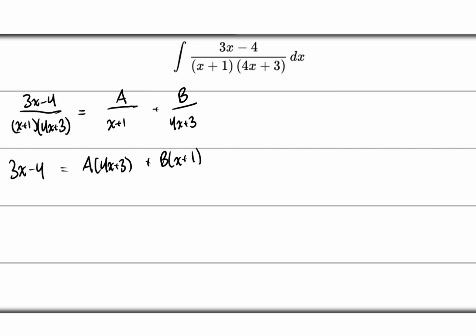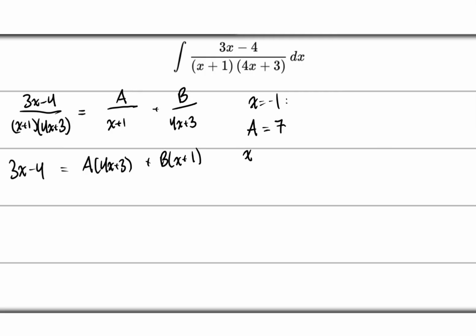Now, if we plug in x equals -1, you'll notice the B term will actually cancel out to give us 0. And so then we can solve for A. So we get 3(-1) - 4 equals A(-4 + 3) plus B(0). And so we can solve for A, and A here is 7.